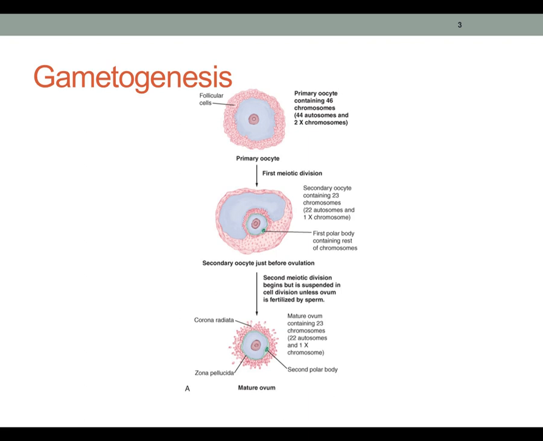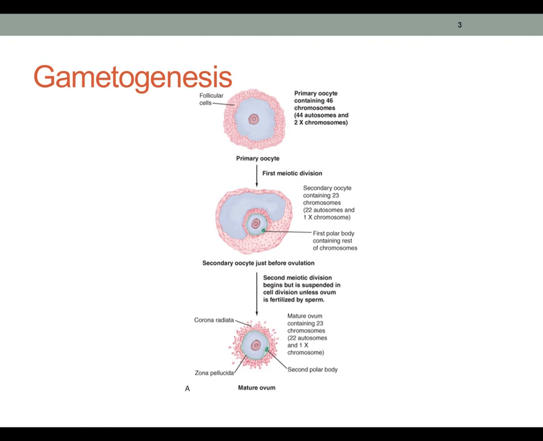So then what happens is the cell splits in half, and we said part of it will become the ovum that will become half of the embryo's chromosomes.